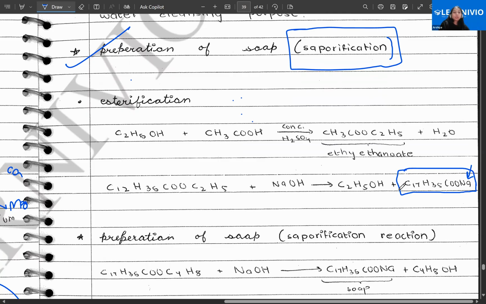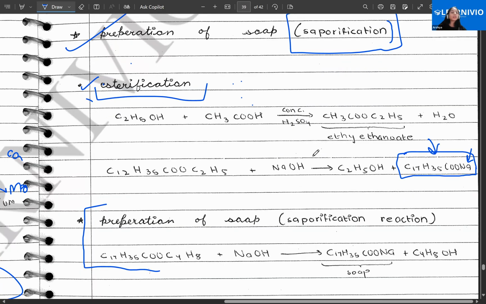The main step would be saponification, where the soap is actually formed, but we need this esterification step also so that we can get our major product. One product is formed here, then we'll react it with something else and we'll get our soap.